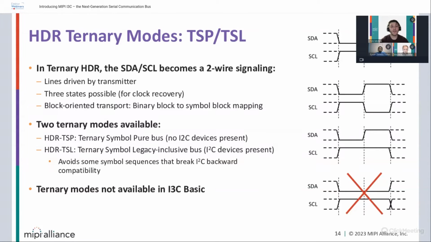But there are two flavors of it. The ternary symbol pure bus, which does not allow any I2C devices, and then there's the ternary symbol legacy inclusive bus, which is built to allow I2C and that mixed bus. And just a note here, those ternary modes are part of our full specification and not available in the I3C basic specification.